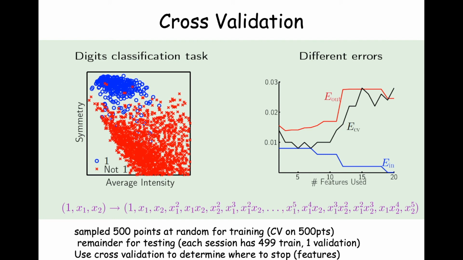And so here we have data points that are not a 1 for digit images using these two features, intensity and symmetry, and these blue circles are data points that are 1 digit. So you could take digits 0 through 9, and you could categorize them as either being a 1 digit or not a 1 digit, right? Just recast the labels +1, -1 to represent +1 for those that are 1 digits and -1 to represent those that are not 1 digits.